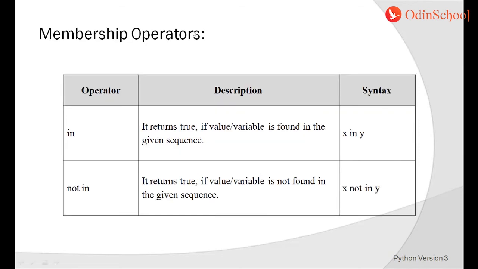Now membership operators, in and not in. This is mainly used to check whether the element of the variable is present or not in the list, tuple and string. We have already seen this in and not in in our previous section on the methods.